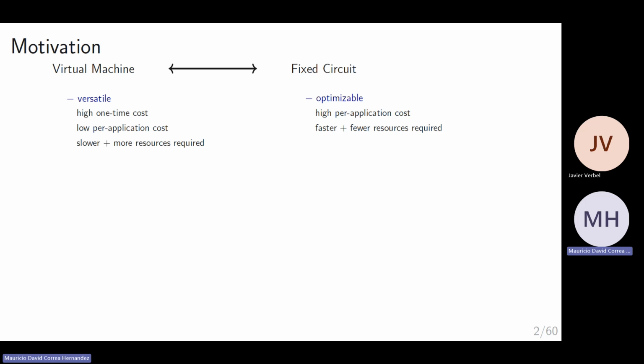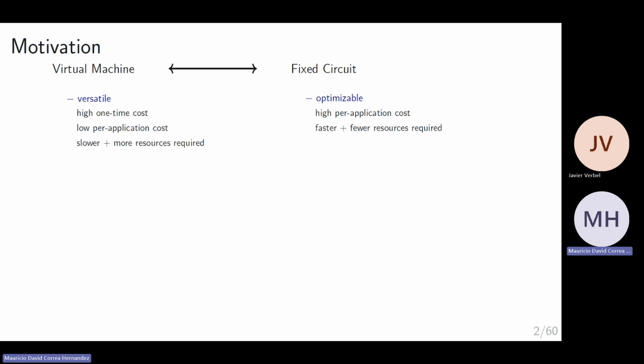So virtual machines are versatile. You define the virtual machine once, and you write different programs for that virtual machine. And since it's easy to write a new program, you have a low cost for each application. It does take a one-time startup cost to produce the virtual machine.